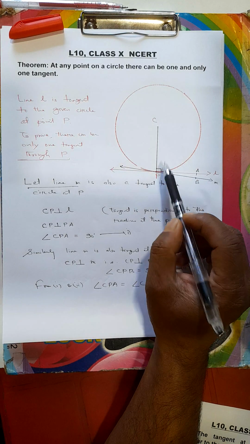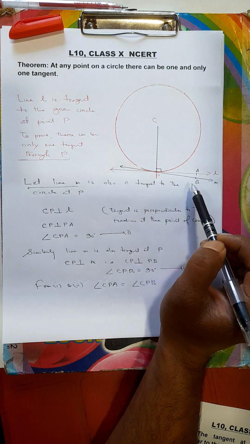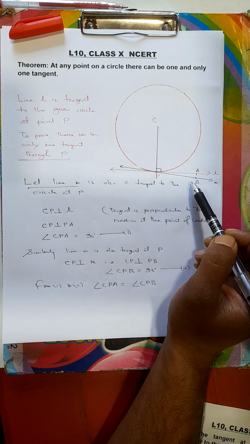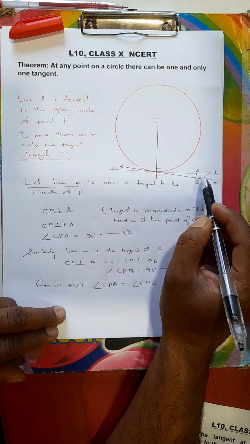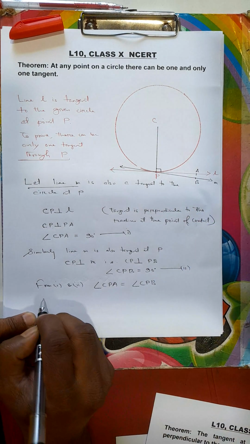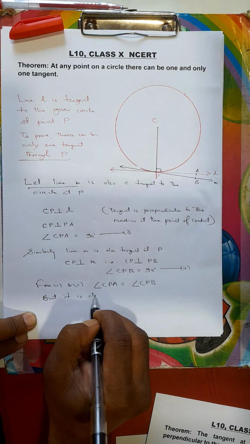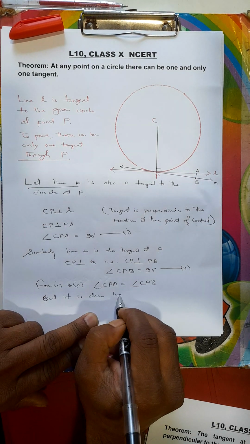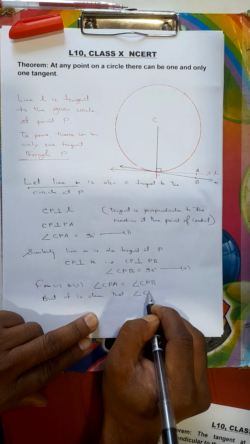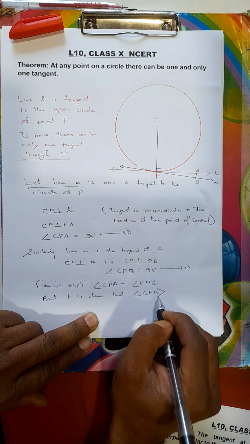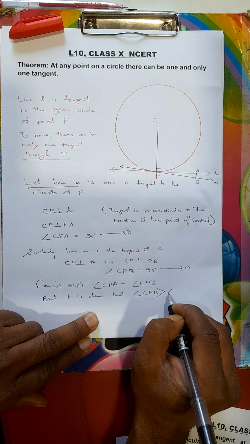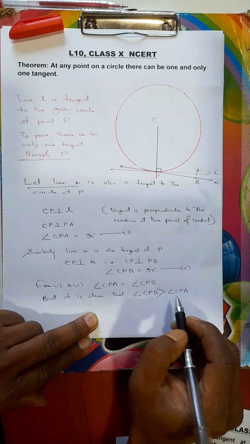Now from the figure you see CPA and CPB, are they equal? No. You see CPB is greater than CPA from the figure. It is clear that angle CPB is greater than angle CPA, right?